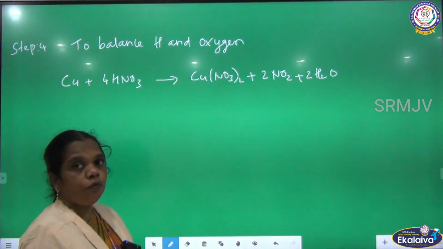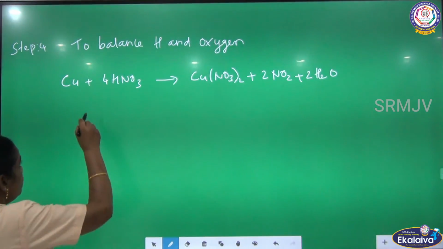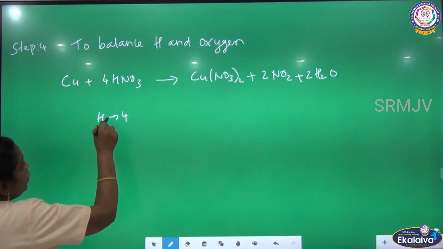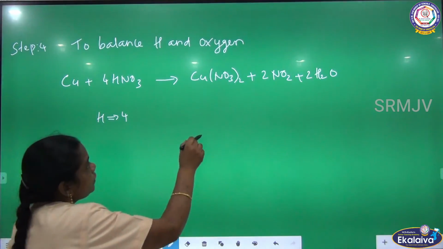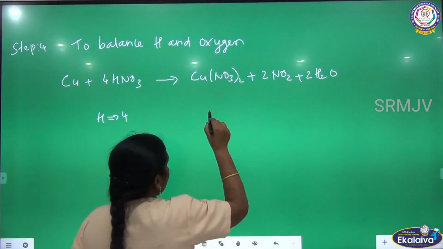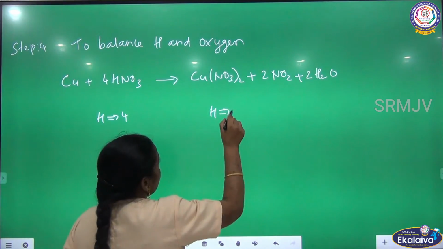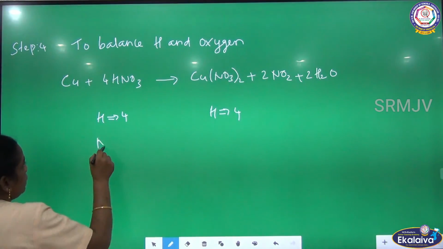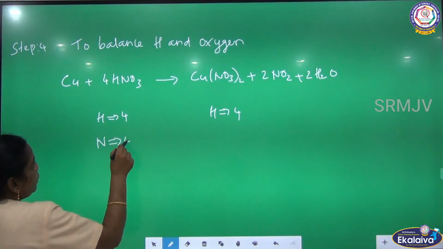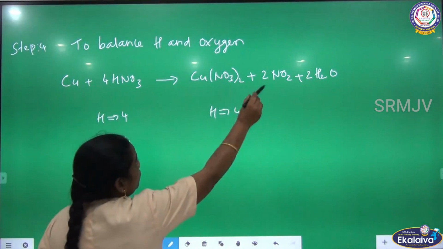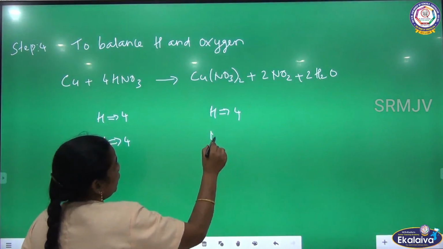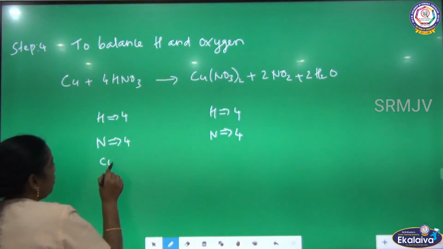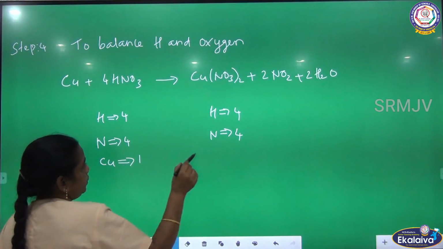So this becomes 4. Now you can see here hydrogen is equal to 4, and on this side 2 into 2, hydrogen equal to 4. Nitrogen is 2 plus 2, 4, and this side nitrogen equal to 4. Copper, only one copper atom.